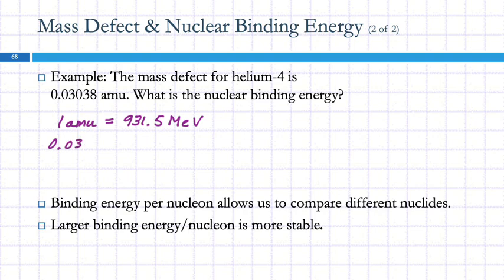So if our mass defect is 0.03038, we're just going to put this together so the units cancel out. 0.03038 times 931.5.